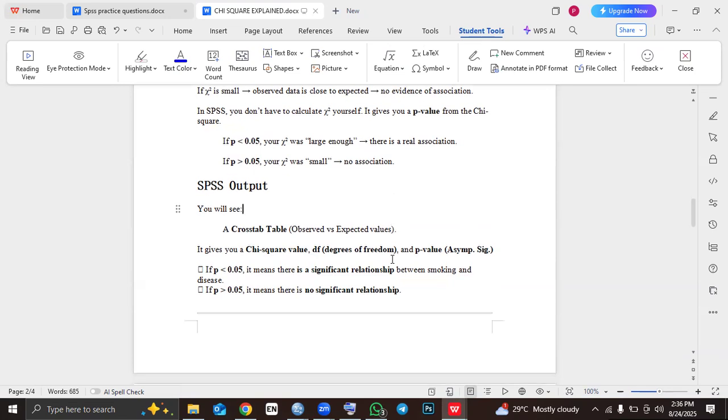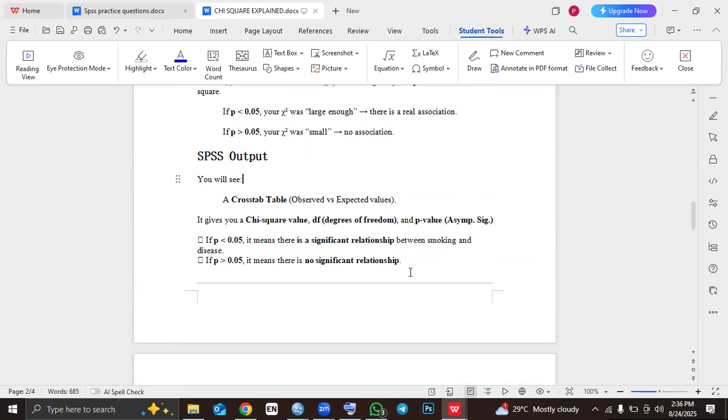So your SPSS output after your cross tabulation is going to give you your chi-square value, the degree of freedom, and the p-value. As I said earlier, if the p-value is less than 0.05, then it means that there is a significant relationship between, for example, in a scenario, smoking and having a disease, meaning that there's a real association.